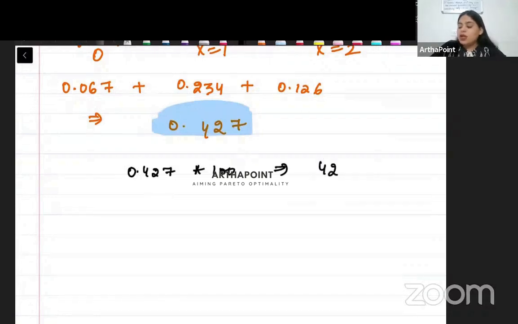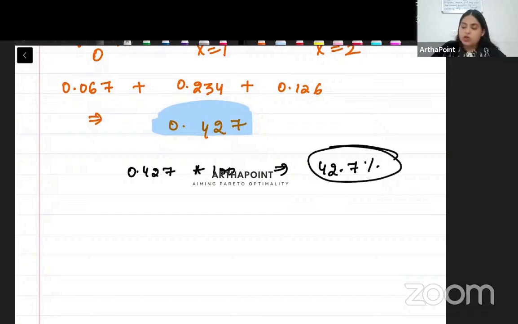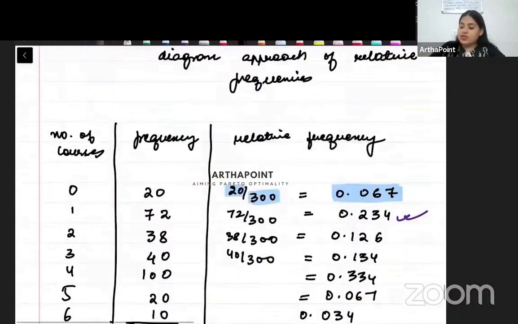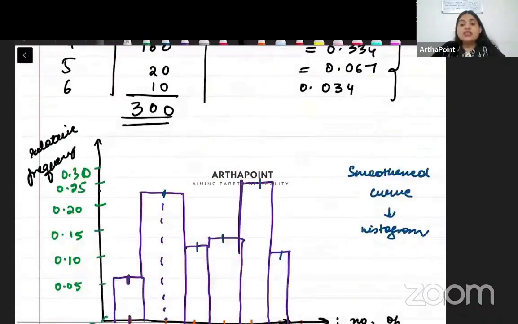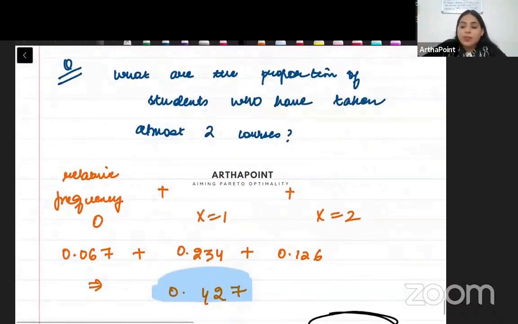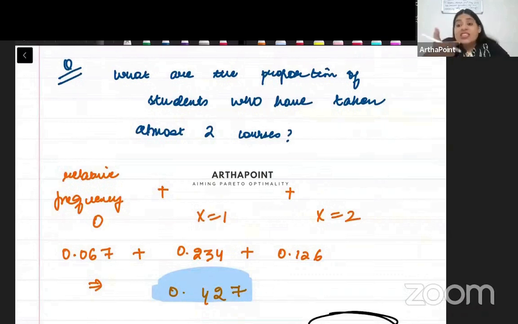That means 42.7% of the students have taken maximum 2 courses in this semester. 2 से ऊपर courses नहीं लिए हैं 42.7% बच्चों ने. So relative frequencies can help you answer these questions, that what are the proportion of students who have taken at least 2 courses, at most 2 courses, exactly 2 courses. तो ऐसे questions भी आप relative frequency से answer कर सकते हो.